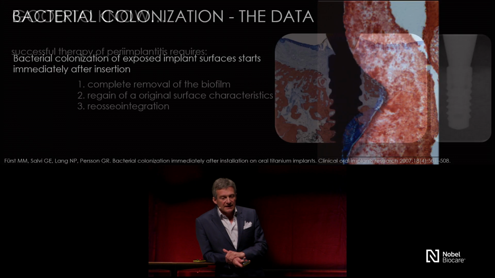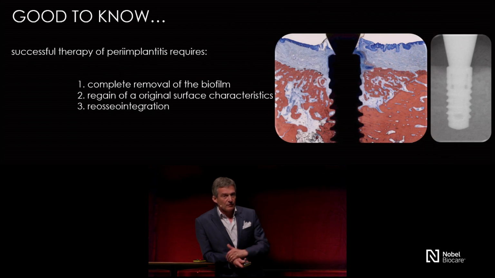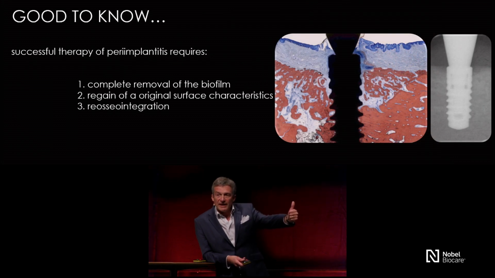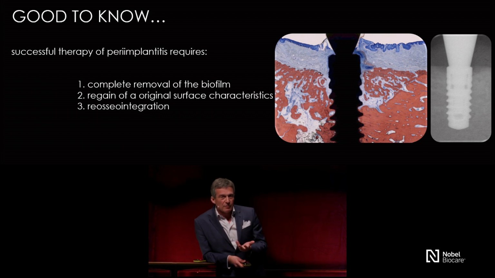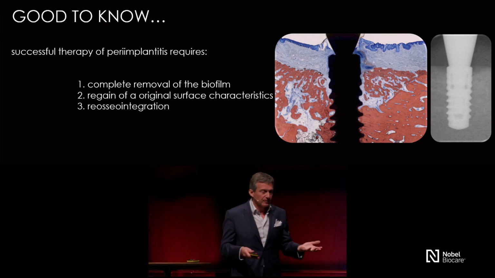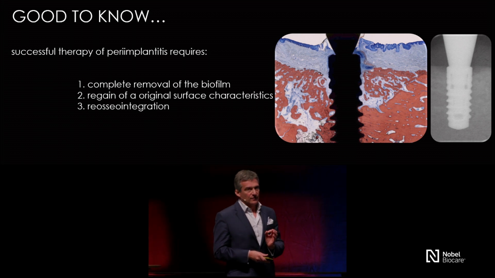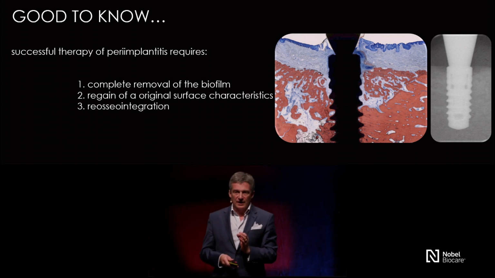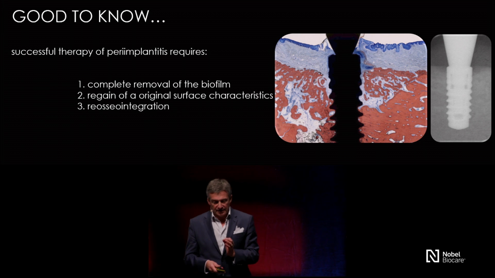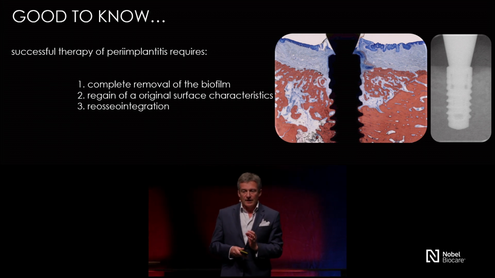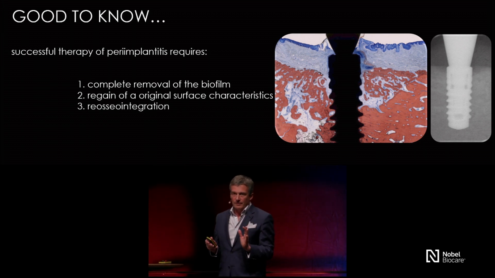So what do we need to have success? First of all, we need to remove the biofilm. Then we need a surface where bone wants to grow on again, where we can achieve a re-osseointegration. I really do believe if we don't get a re-osseointegration, then we will fail in the long term.